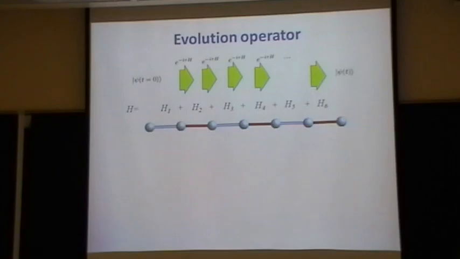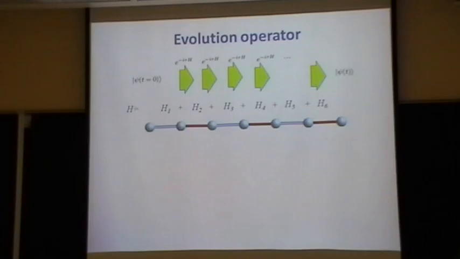So we apply a Suzuki-Trotter decomposition of the Hamiltonian. We're going to assume that in principle we have a Hamiltonian that is nice, that has only nearest neighbor interactions, and acts on a bipartite lattice. For illustration, let's assume we are in one dimension.